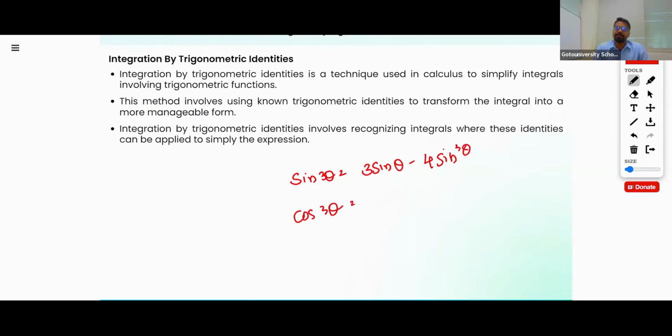Coming to the last question in this section, we have to integrate square root of 1 plus sine x by 2 dx. So what will you do? I don't know how to integrate something in the square root, so I want to eliminate the square root.